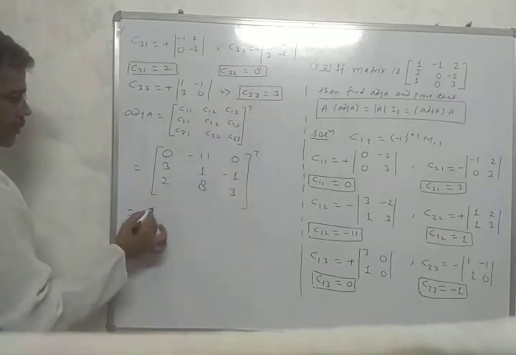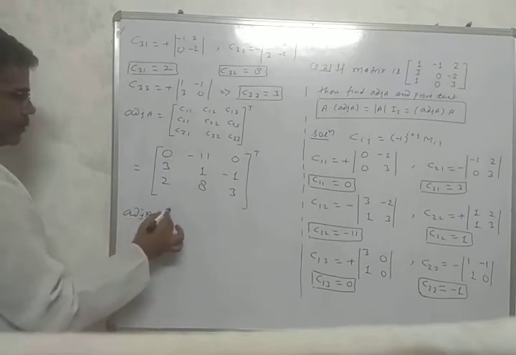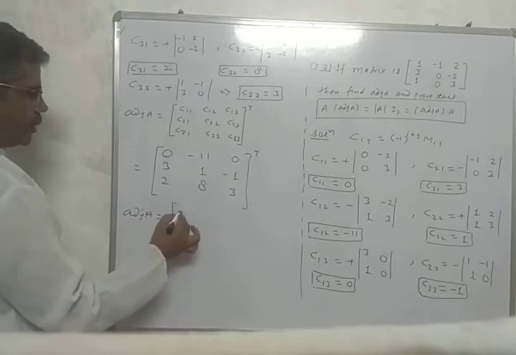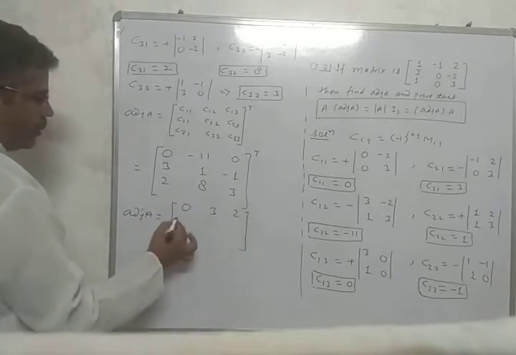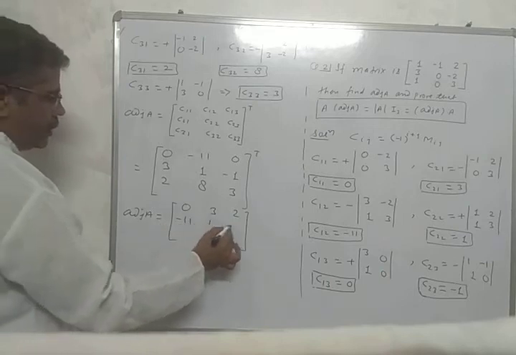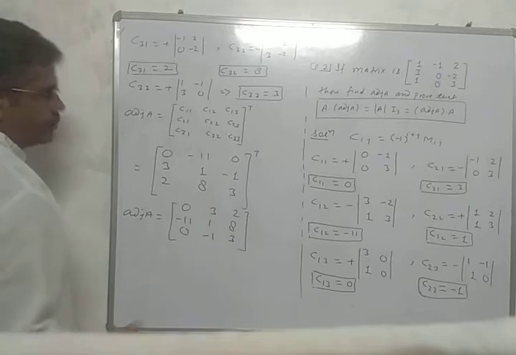On transposition, we have the adjoint of A given by 0, 3, 2, minus 11, 1, 8, 0, minus 1, 3.